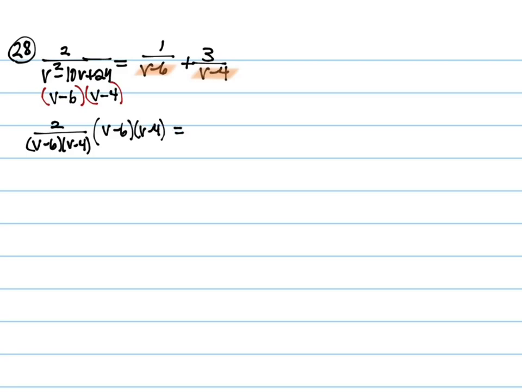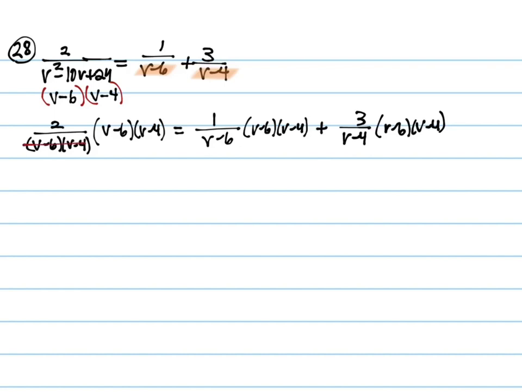So then I've got 1 over v minus 6 times v minus 6, v minus 4. Plus 3 over v minus 4 times v minus 6, v minus 4. And the reason we can do that is because we're doing it to all three terms. And the reason it's helpful is because I'm multiplying every single piece of every single denominator by doing that.